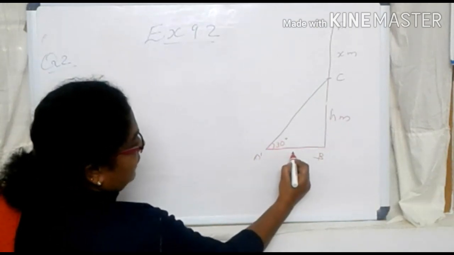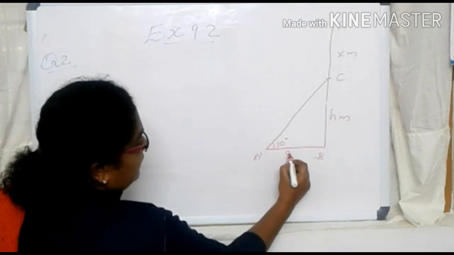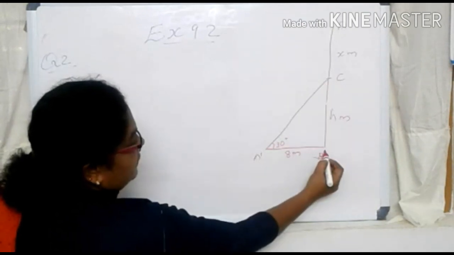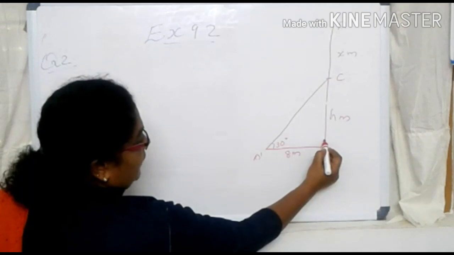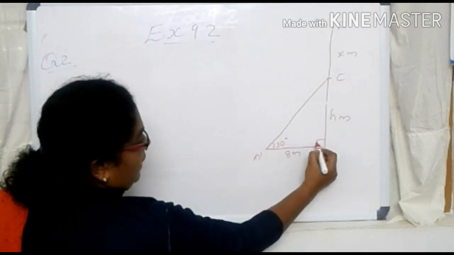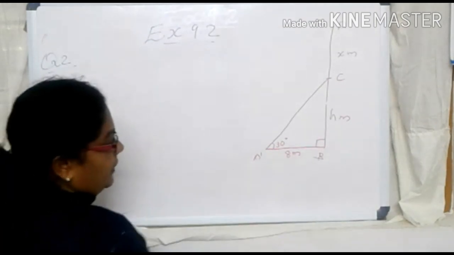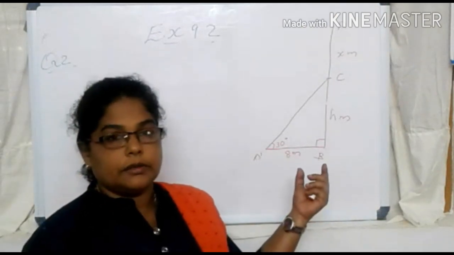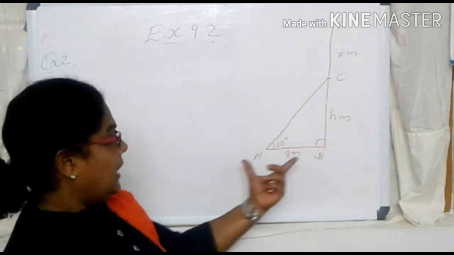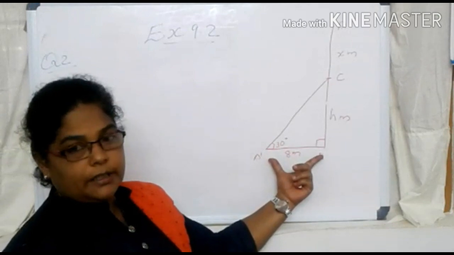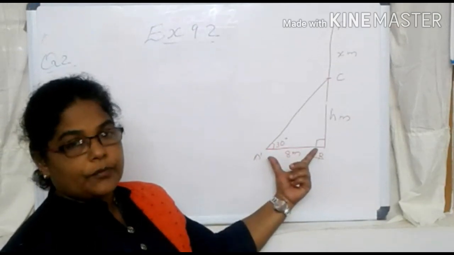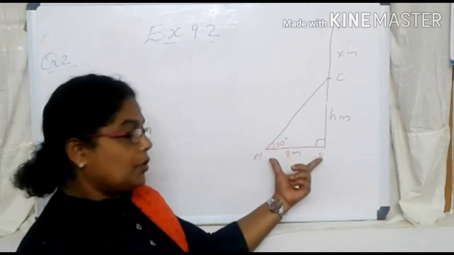And it is 8 meters apart from the foot of the tree. This is the foot of the tree, and we know the tree and the ground make 90 degrees. And this A dash B is 8 meters away from the foot of the tree.